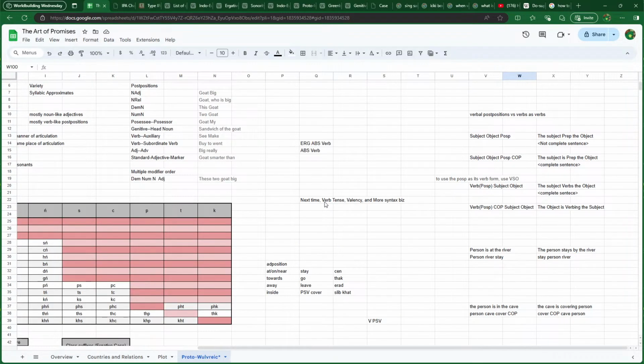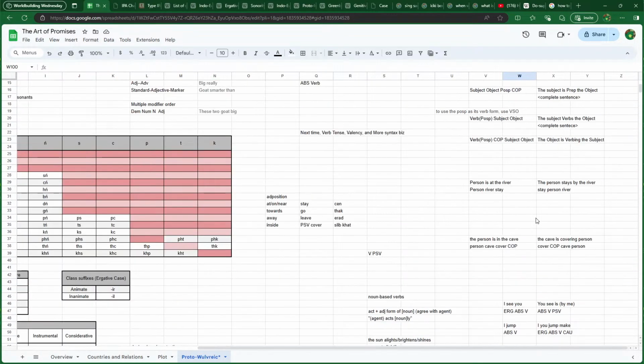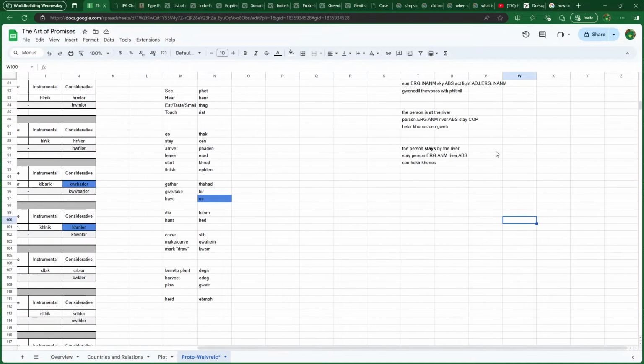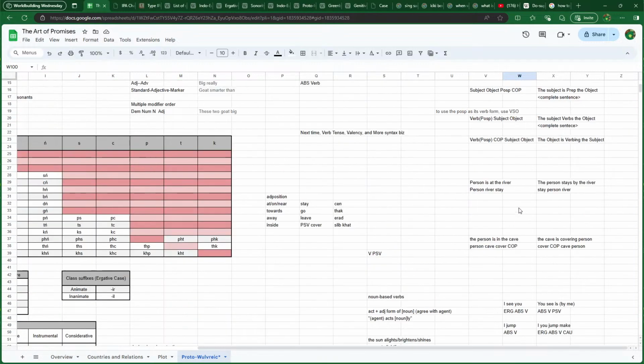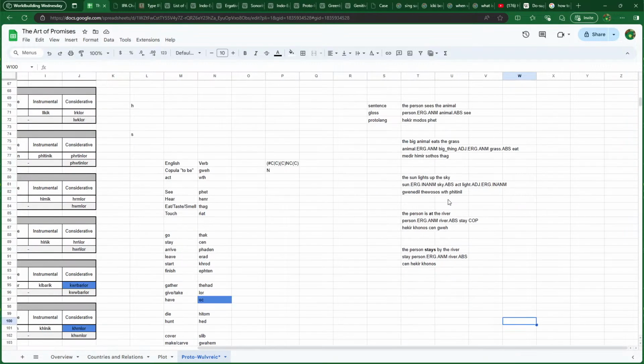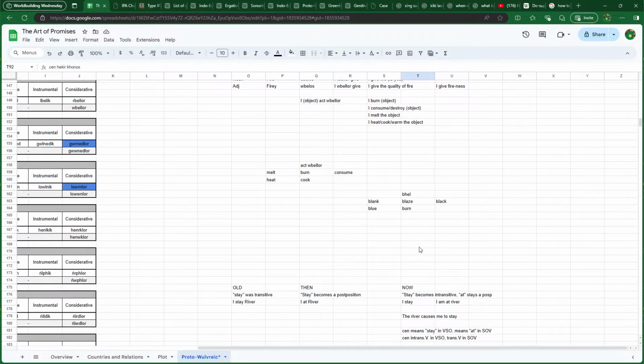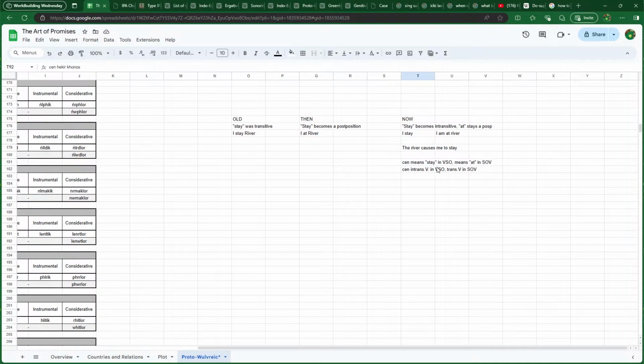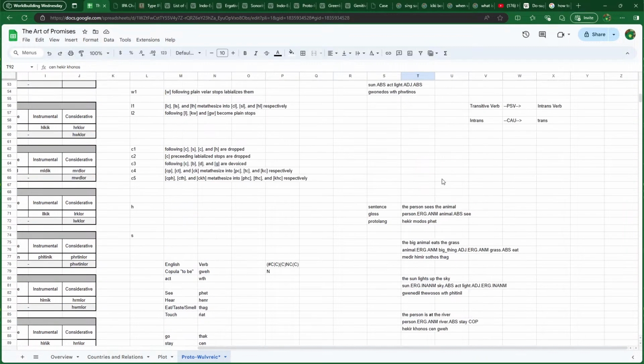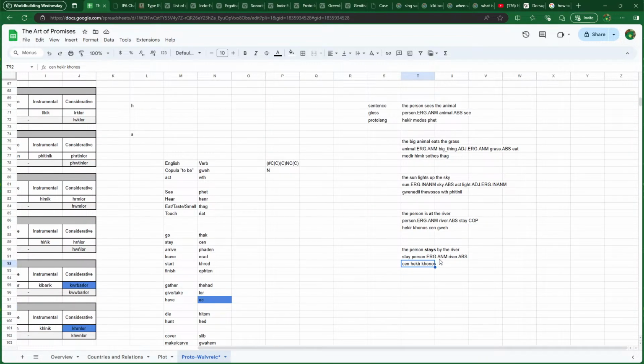Next, verb tense. So actually, to construct all of these things, the person is at the river. Yes, the person stays by the river. Although stay is now intransitive. So shen hokos.